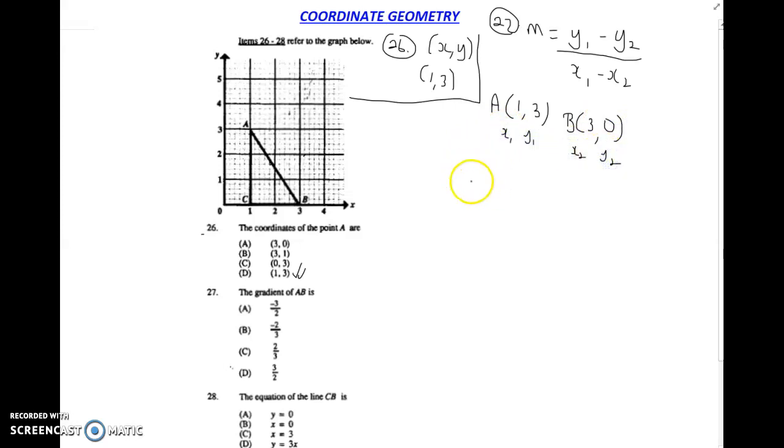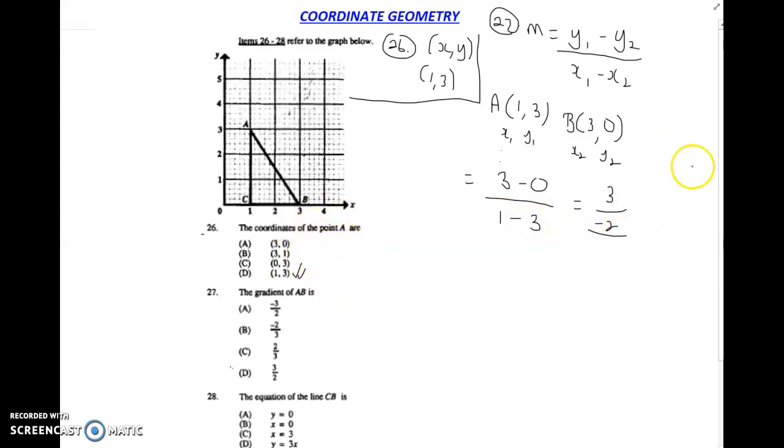So then we will get 3 take away 0. Remember, it is y1 take away y2 over x1 take away x2, which is 3. You are going to get 3 minus 0 is 3, and 1 minus 3 is minus 2. My answer is 3 over minus 2.